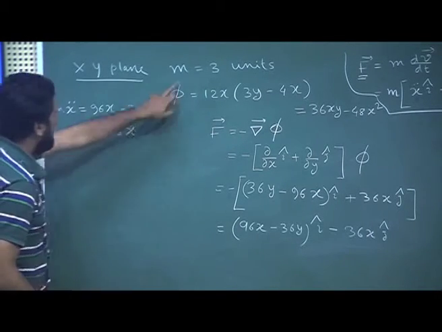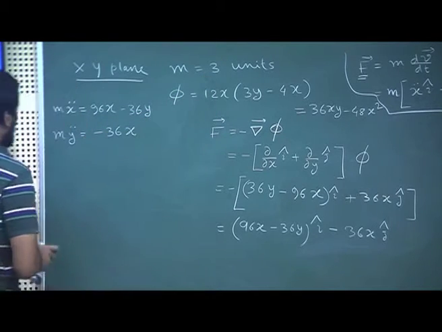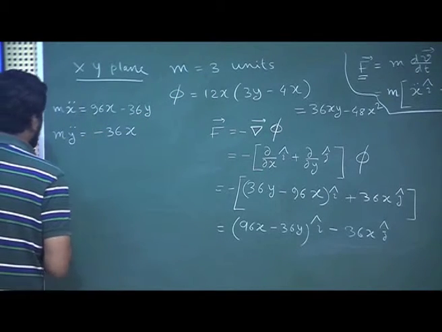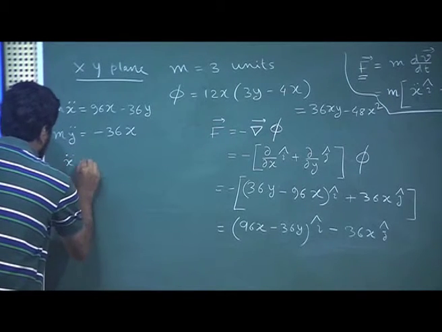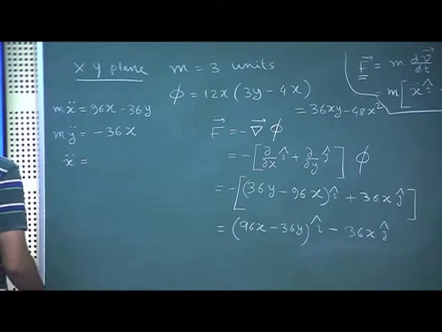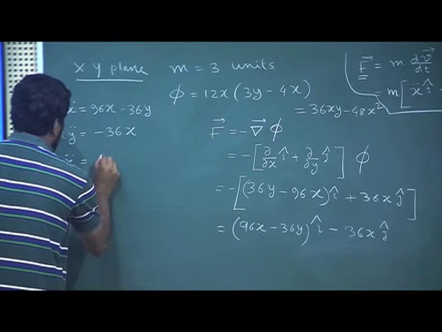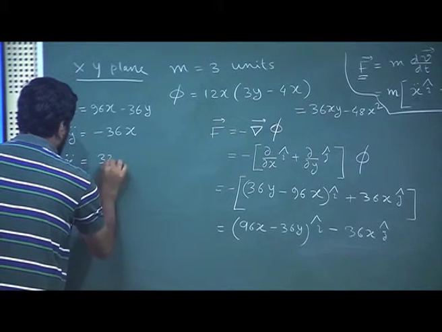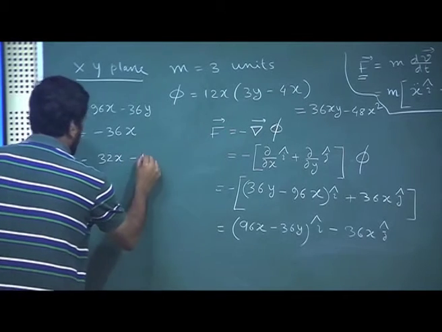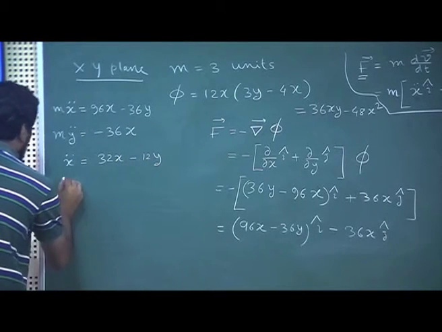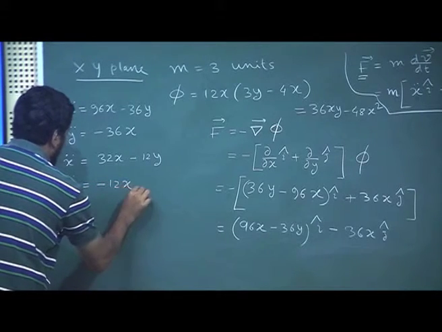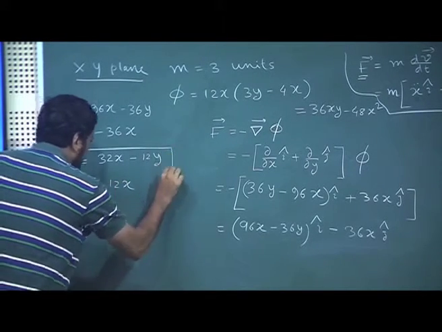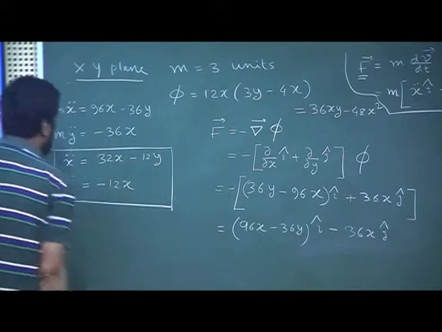Now, recall that m is equal to 3. So, we put that, and essentially we reduce these equations to x double dot is equal to 32 x minus 12 y, y double dot is equal to minus 12 x. So, these are the sets of equations.